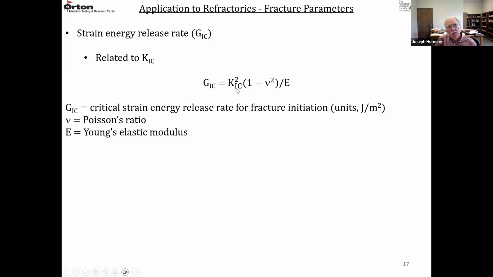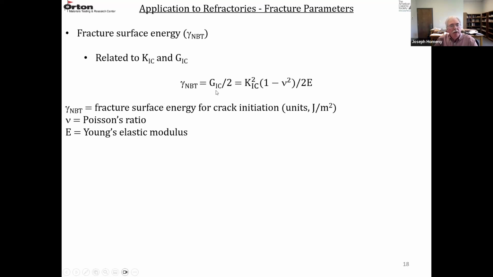And then this other fracture surface energy is calculated from the same notch beam sample. So gamma MBT just equals G1C over 2.